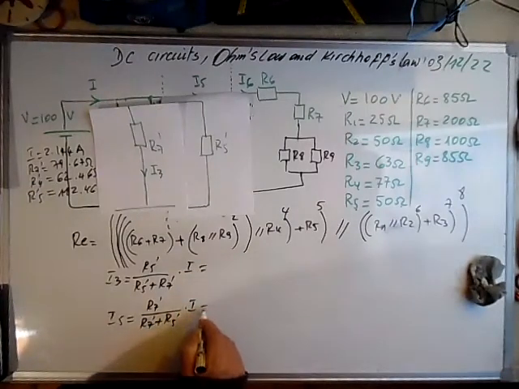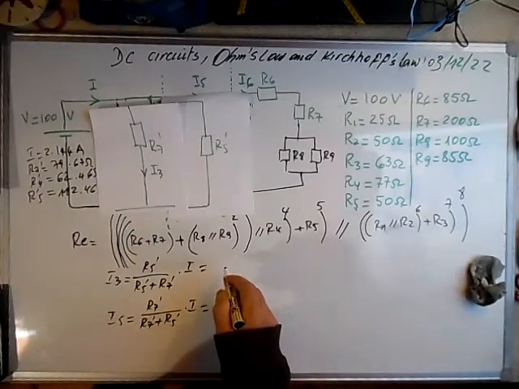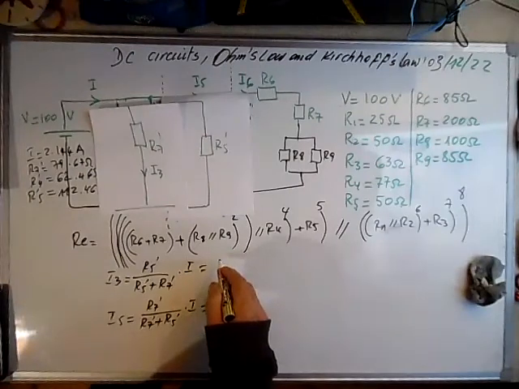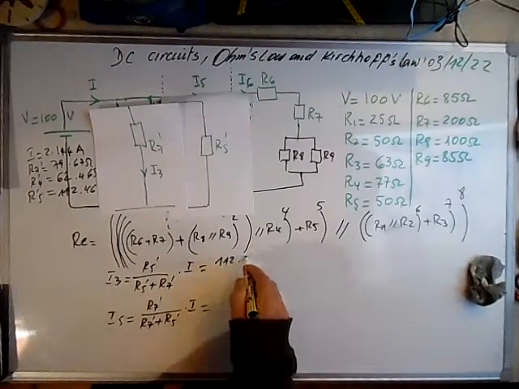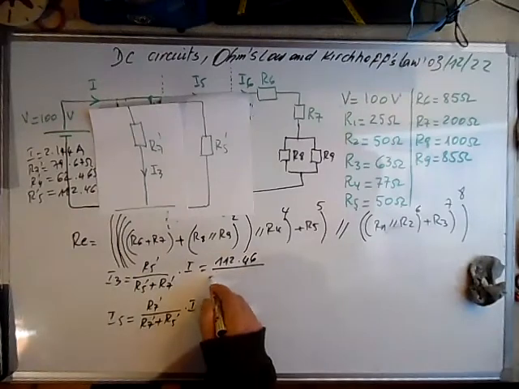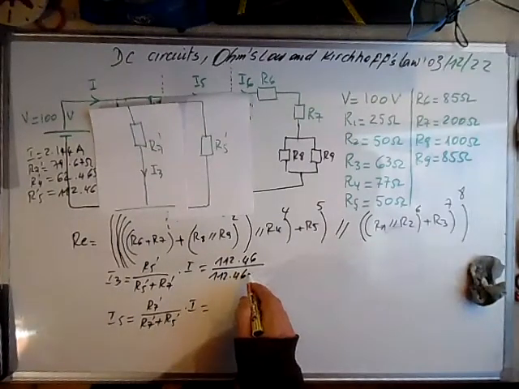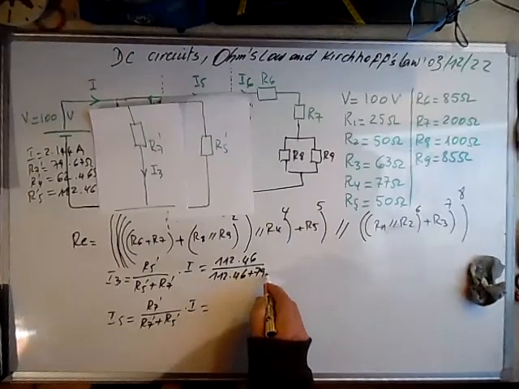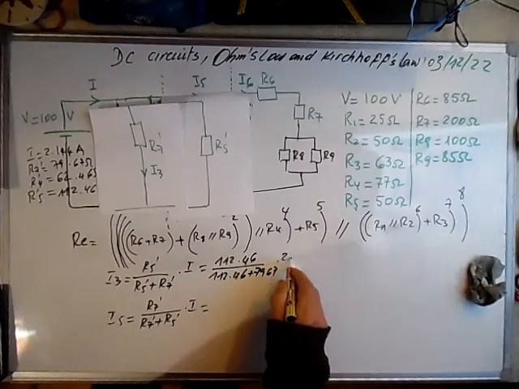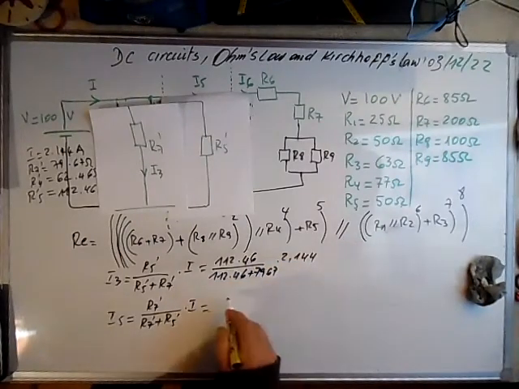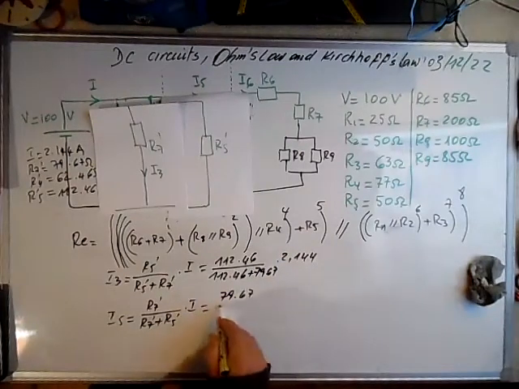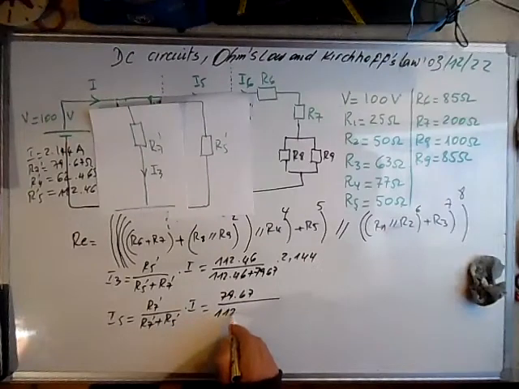So let's calculate I3. It is equal to 112.46 over 112.46 plus R7 prime, 79.67, times the main current. I don't need to do it this way.